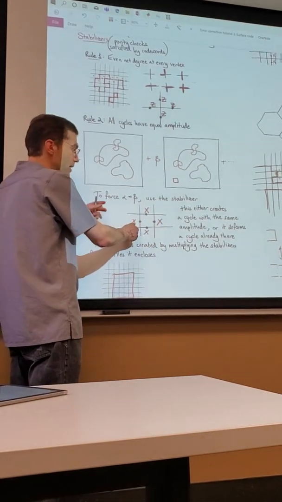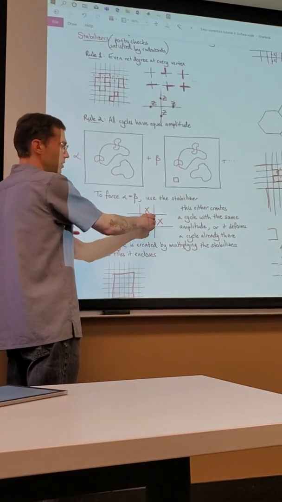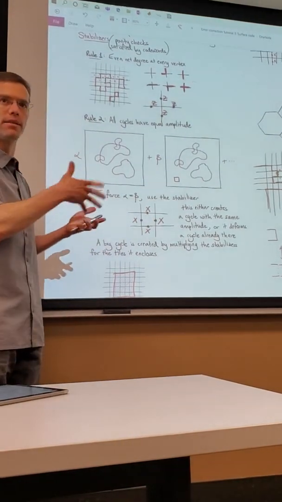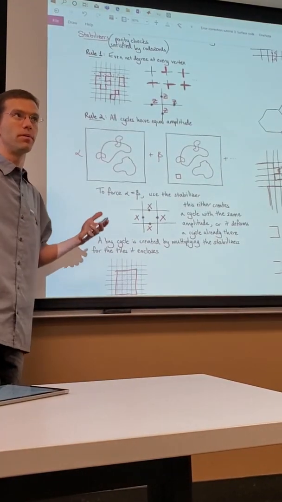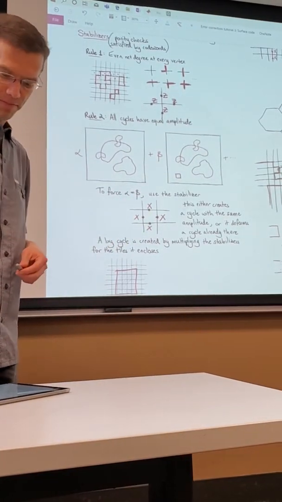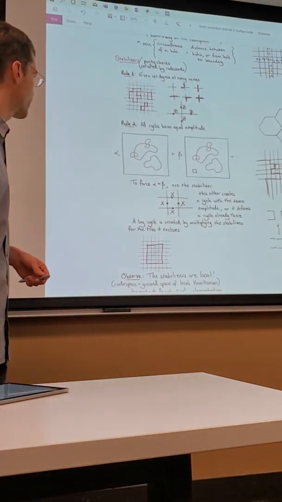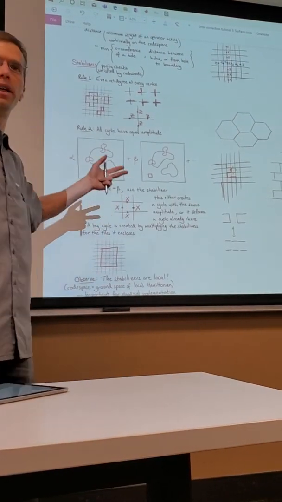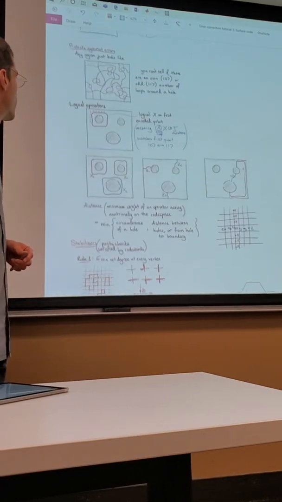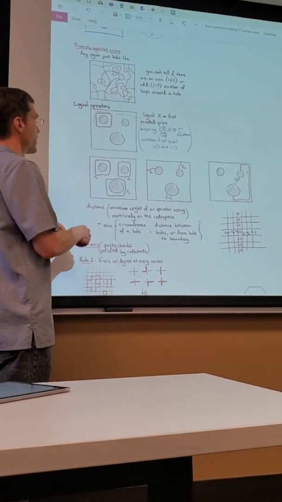So basically, you can get any loop by multiplying together these X stabilizers. And so saying it as a stabilizer means that you have a uniform superposition over all these diagrams. Those are the stabilizers, and they're local stabilizers, so you can measure them just with weight 4 CAT states, I guess.